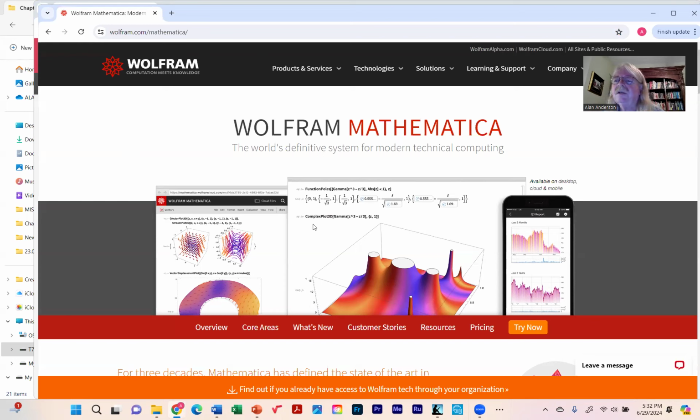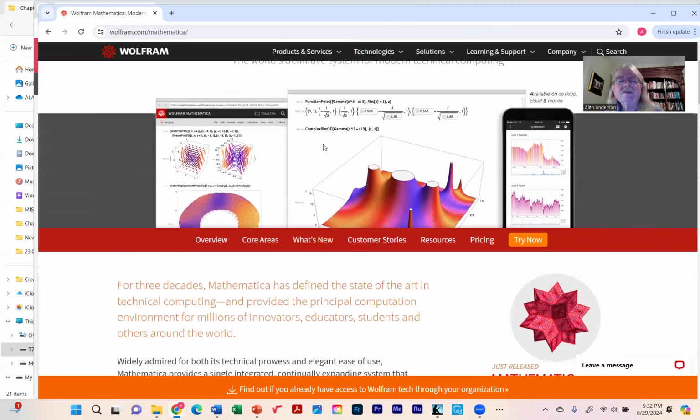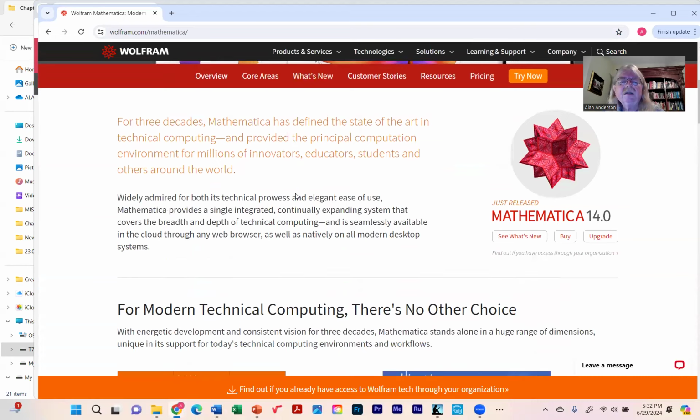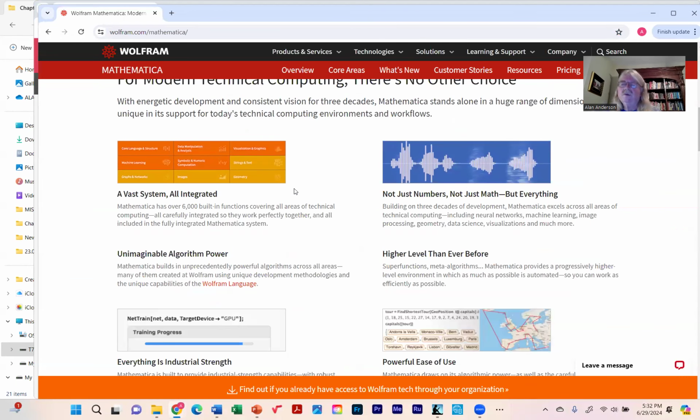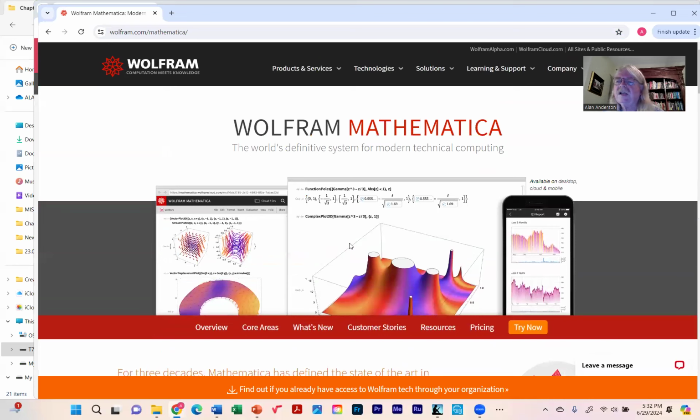This is basically Symbolab raised to the 100th power. It's crazy powerful. The only problem is it takes time to learn how to use it. But if you're going to do this for real, if you're going to major in math and continue to more advanced courses, it might be worth your while to get your hands on this and learn how to use it.